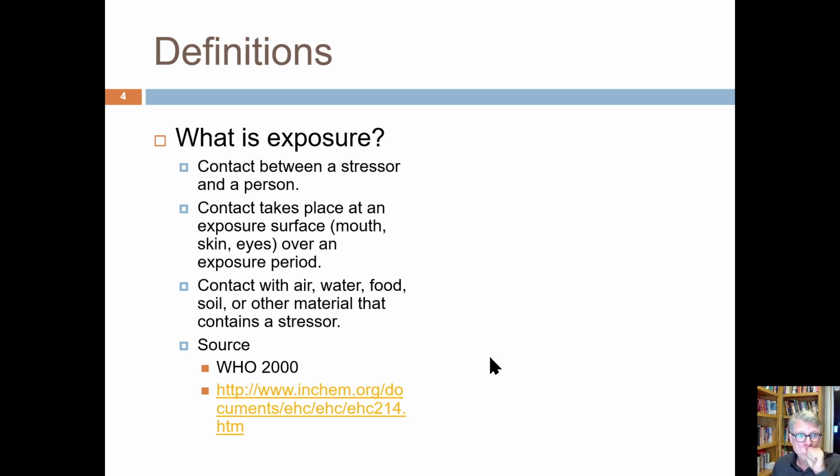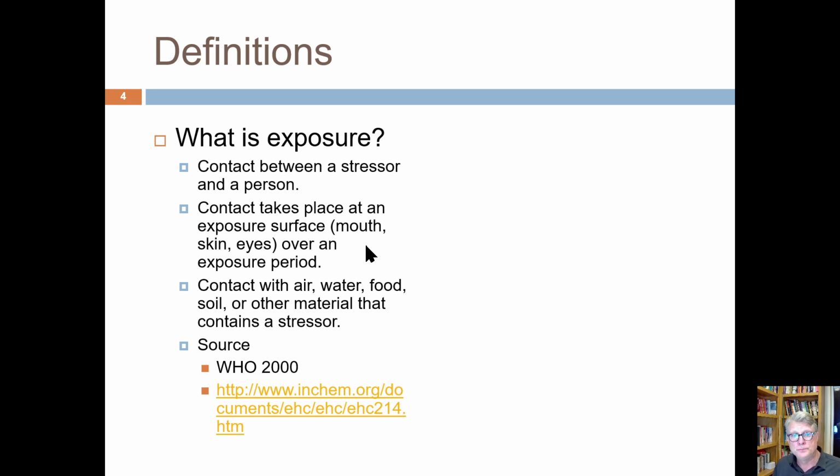So, what's the definition of exposure? Classically, in environmental health, exposure is defined as contact between a stressor and a person. That contact can take place at an exposure surface, like the mouth, the airways, our skin, our eyes, and it can take place over a certain period of time, which we can refer to as the exposure period.